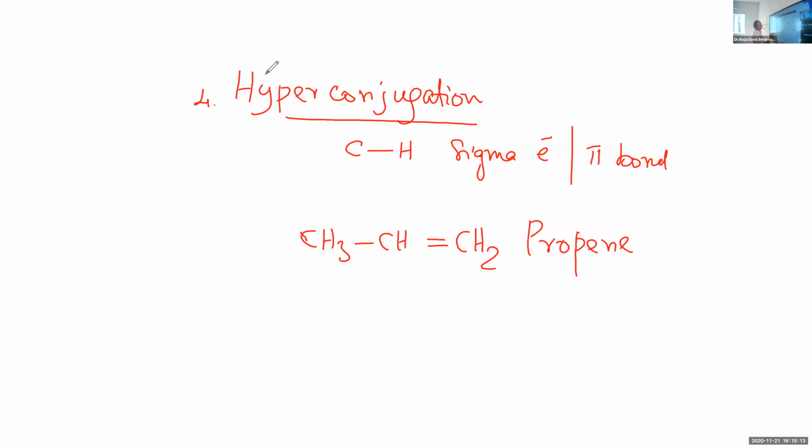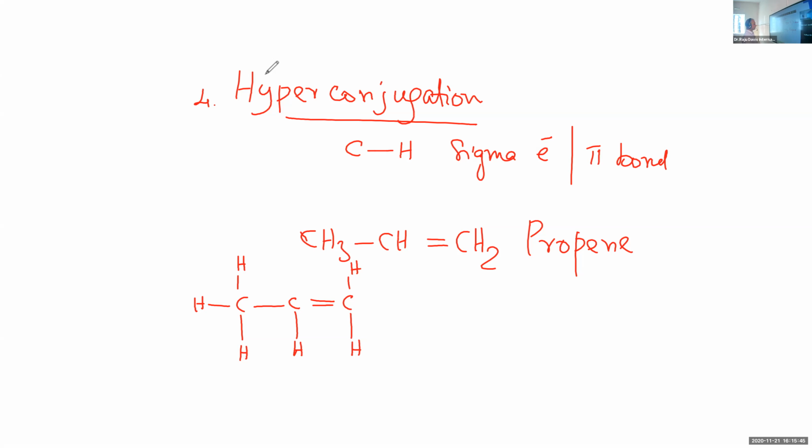So let me draw the structure of the CH3 fully. Say carbon, sigma bond hydrogen, sigma bond hydrogen, sigma bond hydrogen, and here carbon, sigma bond hydrogen, then double bond carbon, sigma bond hydrogen, sigma bond hydrogen. And that is the structure of our propene molecule.